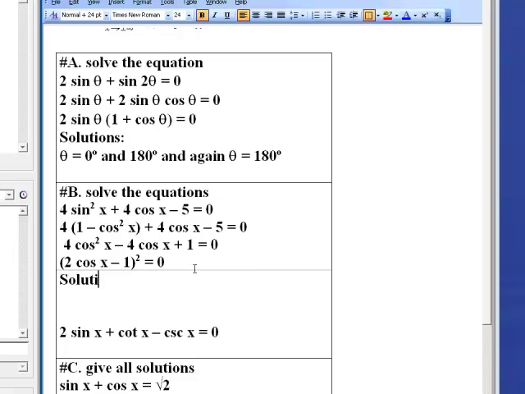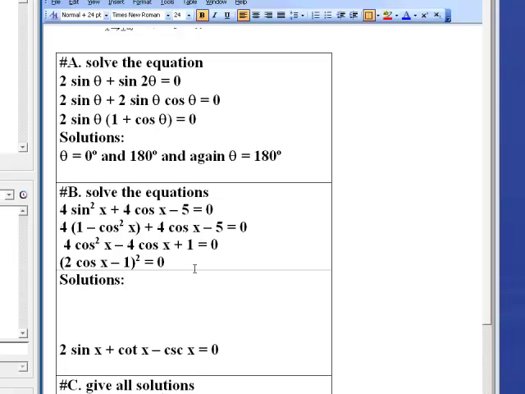All right, so the solutions are cosine x equals 1 over 2, so 0.5. The reference angle for that one is 60 degrees, and we're in the first quadrant as well as the fourth quadrant, so 300 degrees.